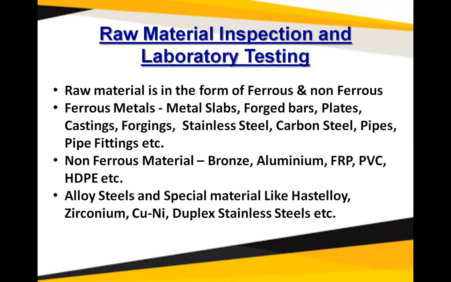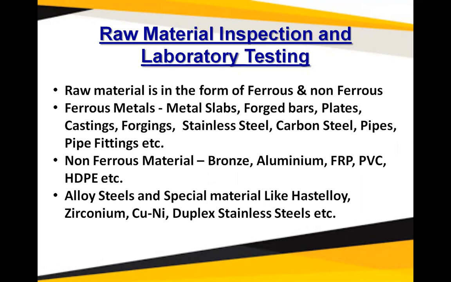These are the special metals which are used mainly for corrosion resistance in process industries and also in oil and gas industries where corrosion is the main problem. There, these alloy steels are used.